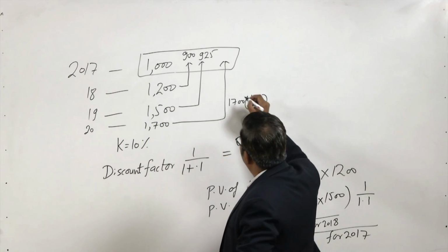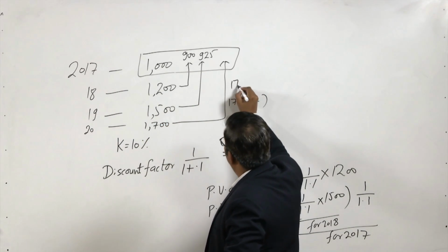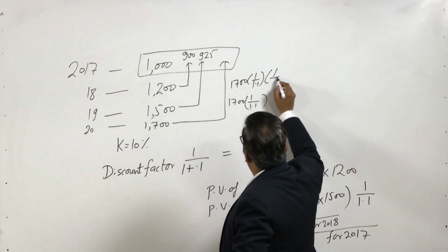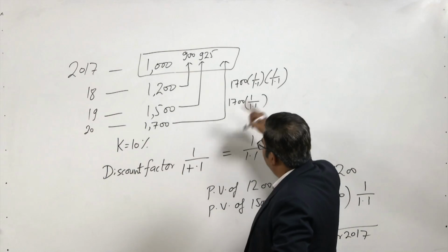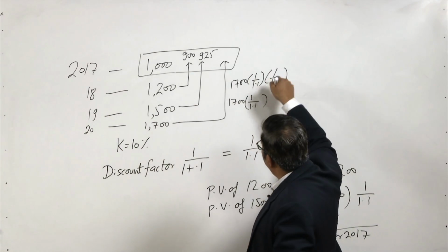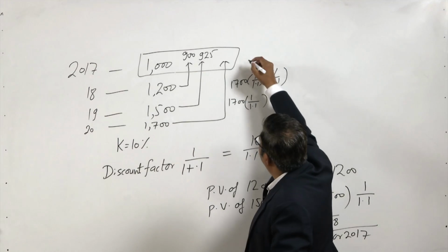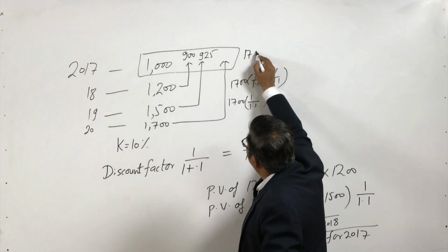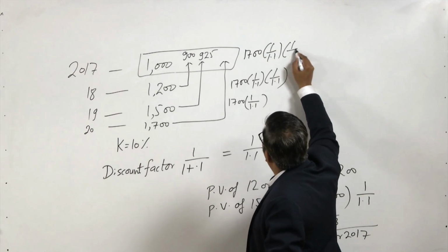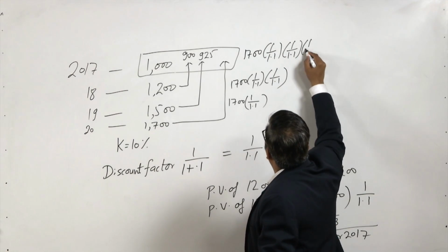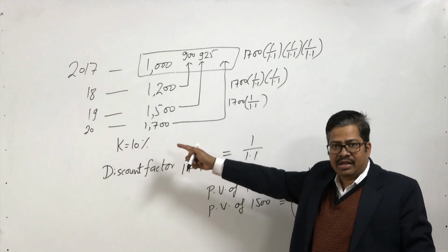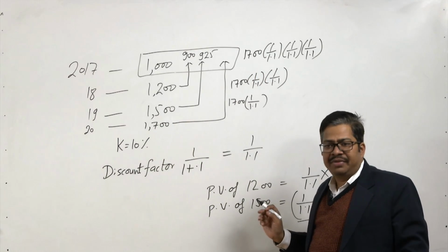Then this factor multiplied by again 1 upon 1.1 will give me the present value for 2018, and then this factor multiplied by the discounting factor of 1.1 will give me the present value of this 1700 for 2017.